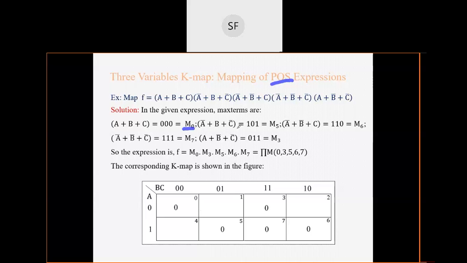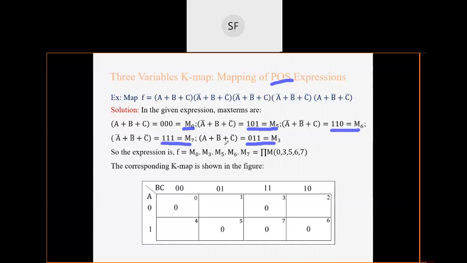Similarly, you have to find all of them. So here you can observe the complemented form, then uncomplemented form, and then again complemented form. So 101 is nothing but 5, M5. Again here 110, so it is nothing but M6. Similarly M7 and M3. So you have to find out which max terms are actually present in your expression.